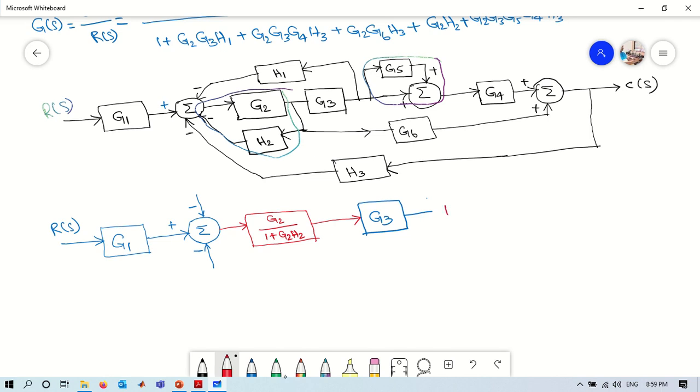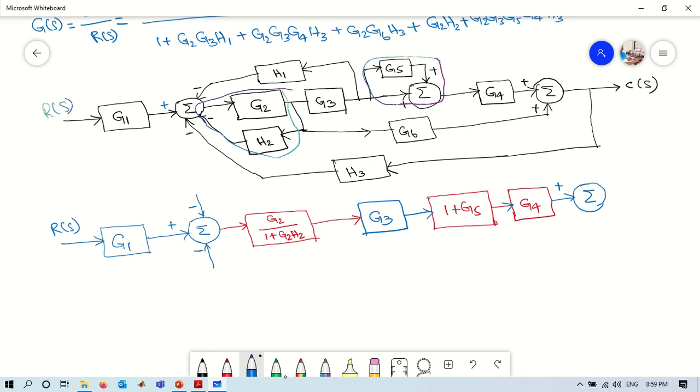So I'll get 1 plus G5 combined, followed by G4, right?